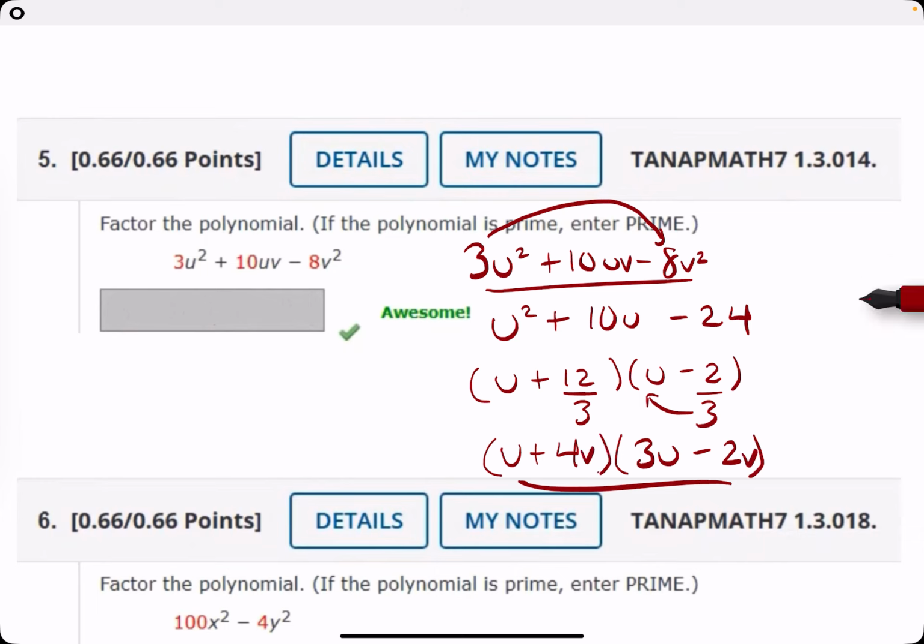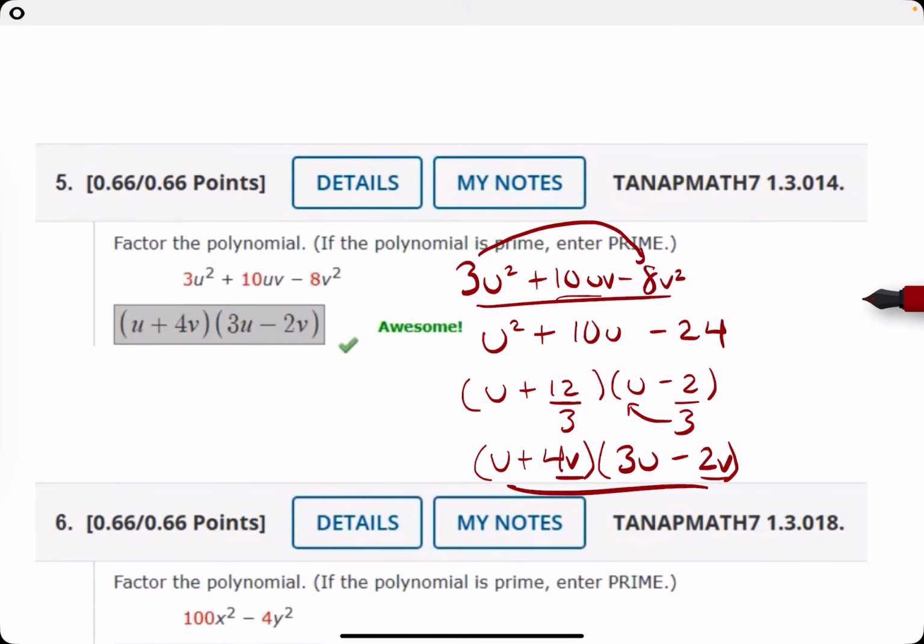The reason we multiply it just on the ends is because if we think about it, 4v times negative 2v is negative 8v squared. If we did the whole middle term stuff, we would end up getting u times 4v times 3u, that's 12uv, and then u times negative 2v is minus 2uv, so 12uv minus 2uv is 10uv. Anyway, it works out. That's sliding and dividing.